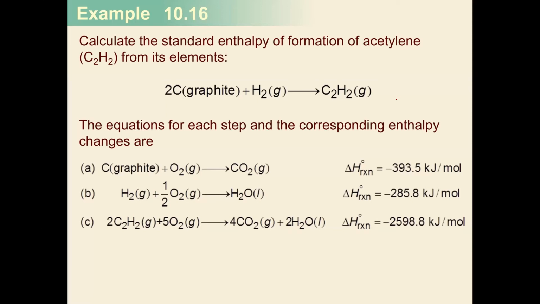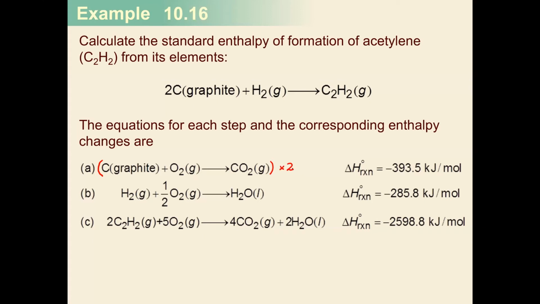We are going to calculate the standard enthalpy of formation for acetylene, C2H2, from its constituent elements. As you can see here, I have 3 reactions that I'm going to use in order to pull this off. So the first thing you will notice is that in A, I have only 1 graphite, but I need 2 in my top reaction. So what I'm going to do is multiply this reaction times 2.